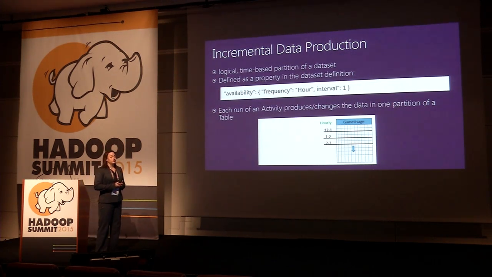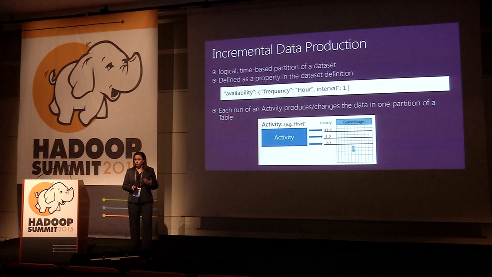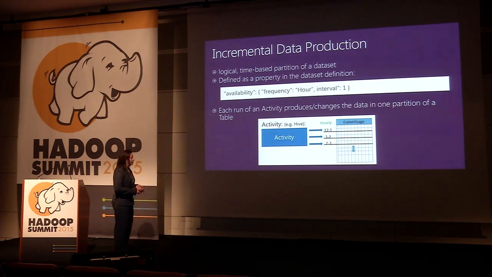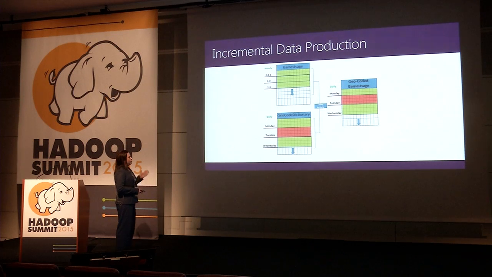And then they wanted to do their analytics on a very regular schedule. So what they did was partition their data by hour, and then every hour they'd run some processing activity, Hive transform, and each activity run would generate a set of data for that hour.